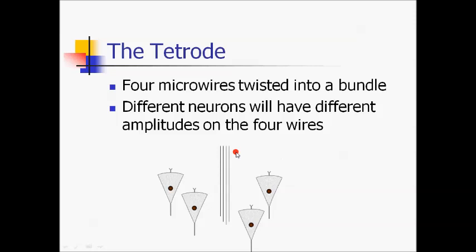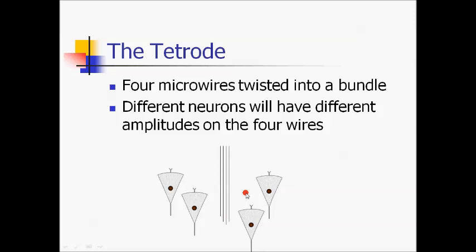Okay, so the basic way it works is that we use a tetrode, which is composed of 4 wires, and if neurons are close enough to these wires, when a neuron is firing, the change in voltage will be recorded.